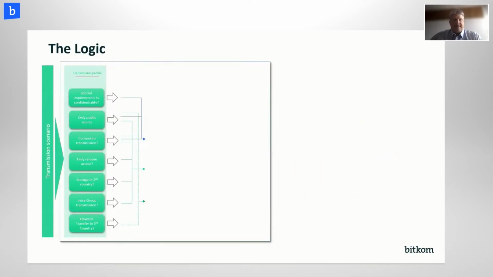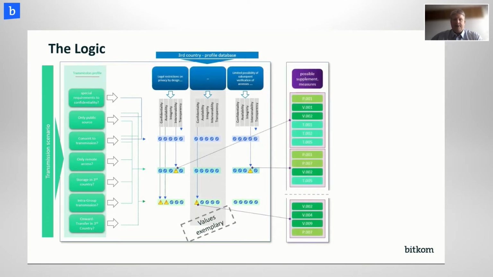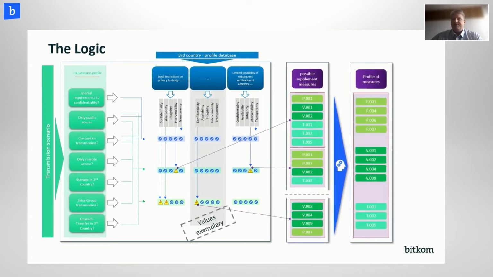We believe that the logic underlying this, which you can see here, should support this process from start to finish. We have the logic for the transmission scenario, which is then linked to the third country profile database, which I will be addressing in more detail in just a moment, where we have certain interrelationships between restrictions, possible measures, possible supplementary measures, and restrictions on these possible supplementary measures.